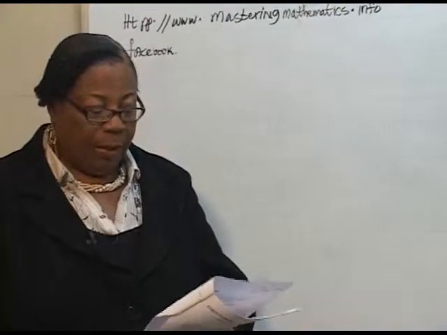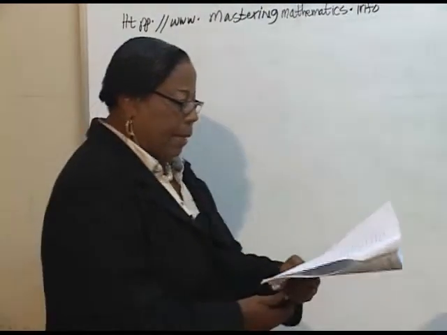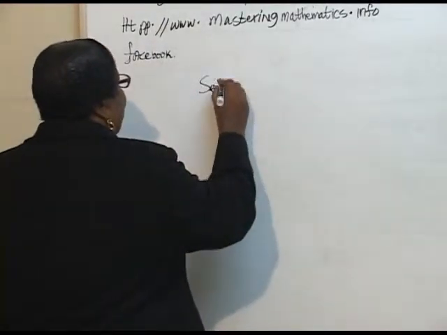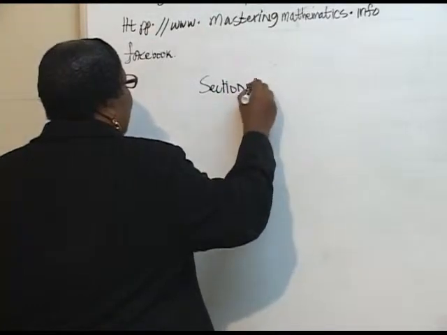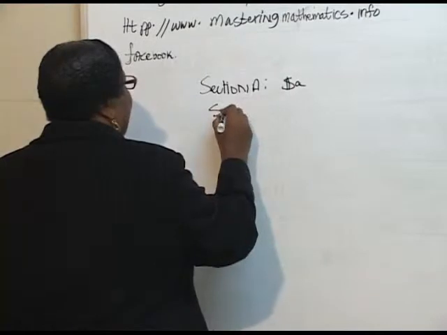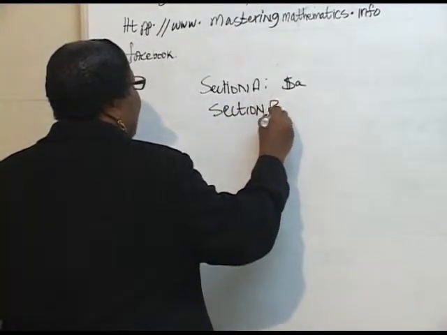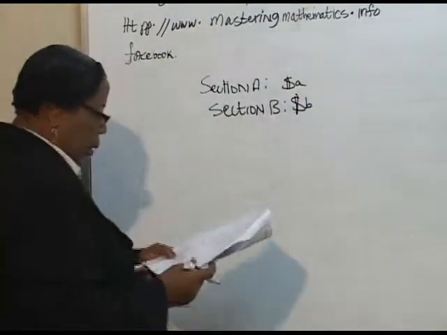So we have a stadium has 2 sections, A and B. Tickets for section A would be in little a dollars. Section B would be in little b dollars.